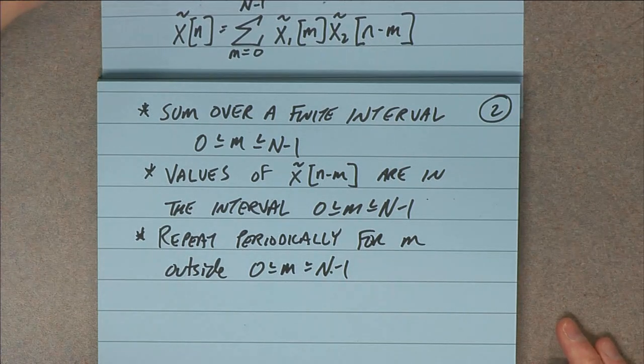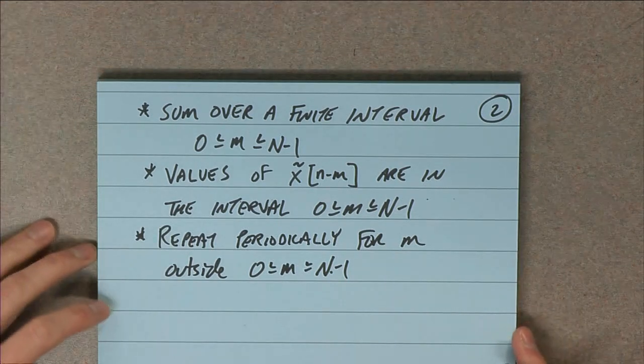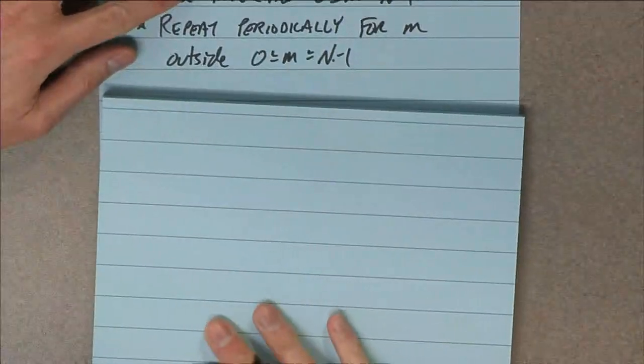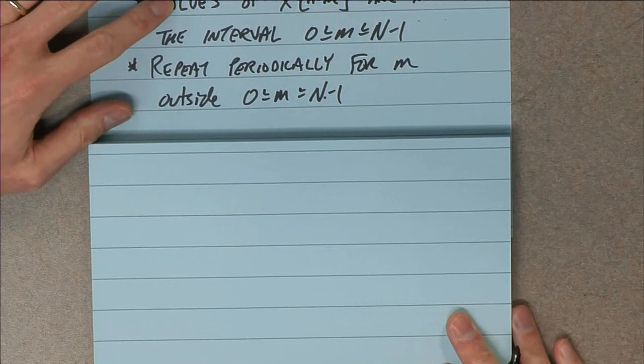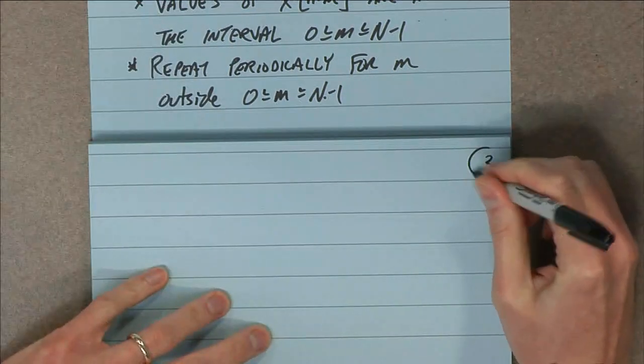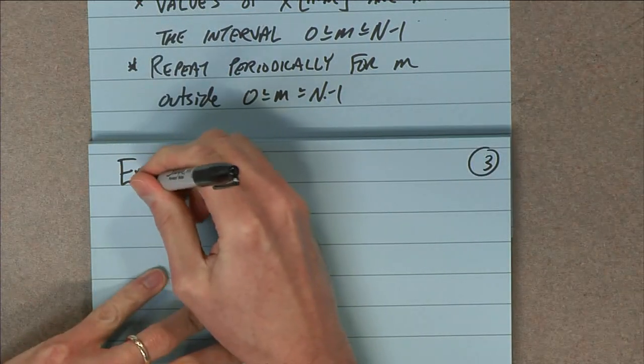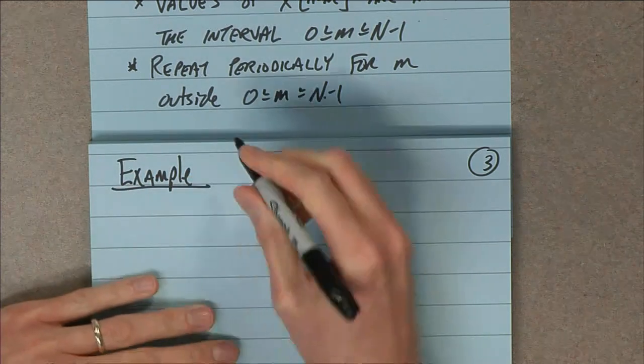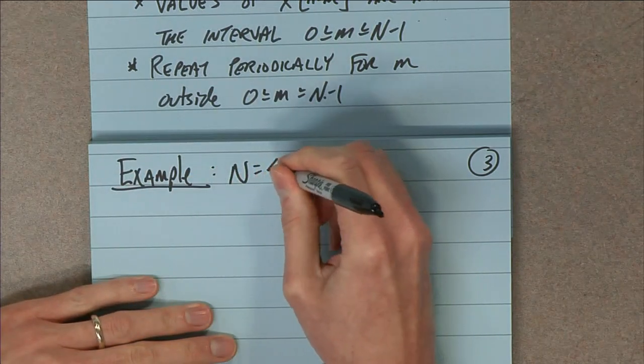And to make this more concrete, we'll do an example. Let's generate two toy sequences to play with. In our example, we'll make N equal 4.